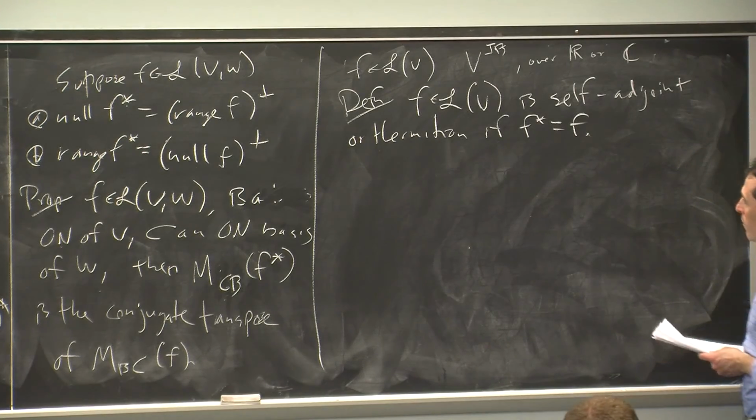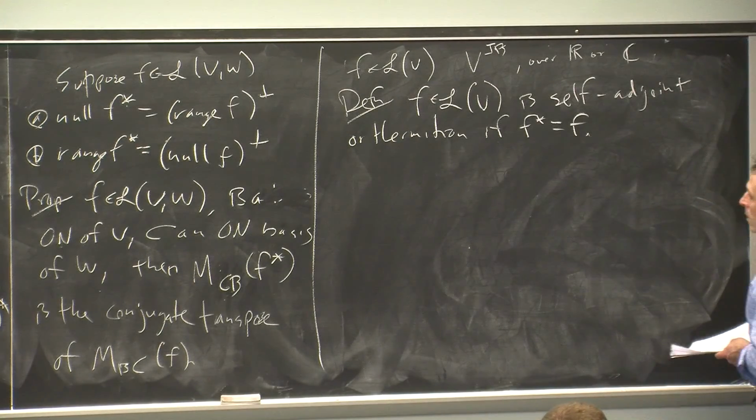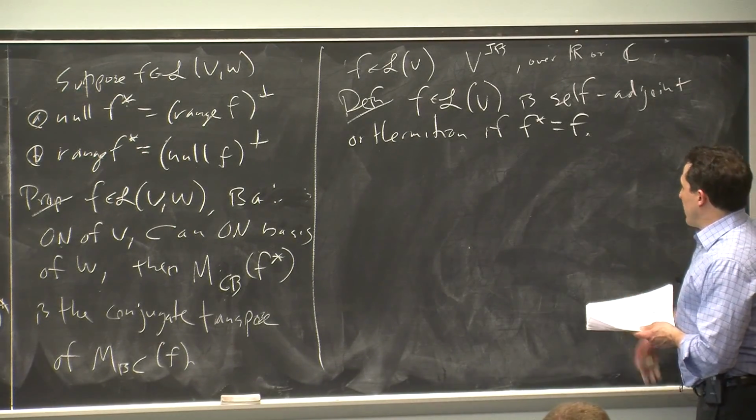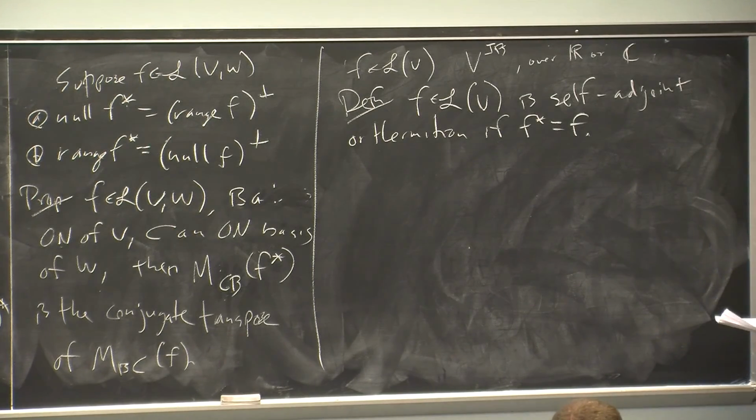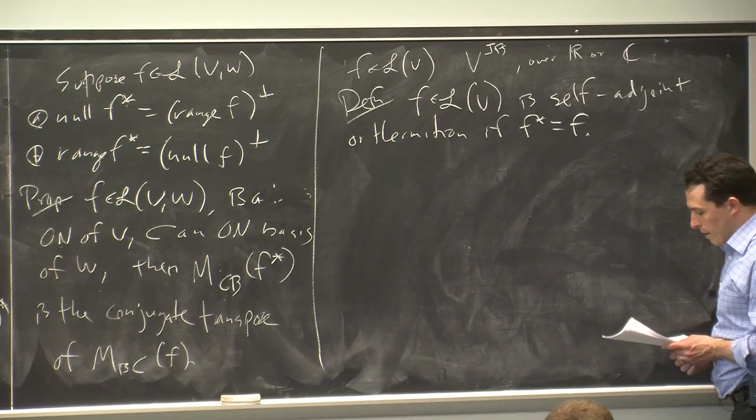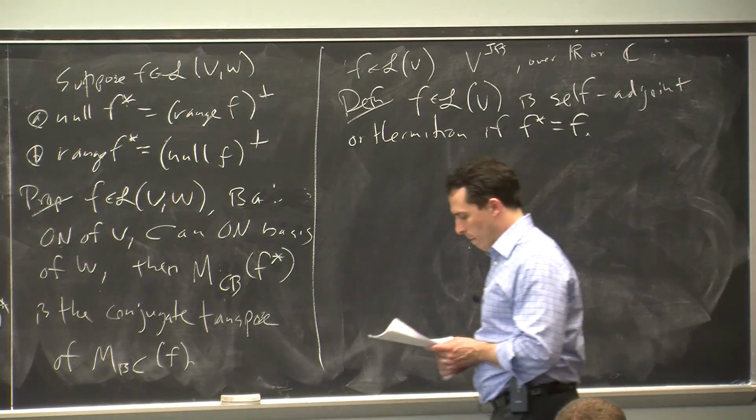And if we have an orthonormal basis, the matrix of F star is the conjugate transpose of the matrix of F. So in a real vector space, we're talking about symmetric matrices. In a complex one, we're talking about these conjugate transposes being equal.